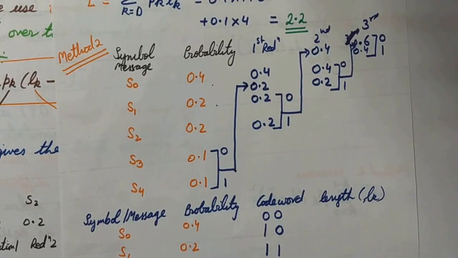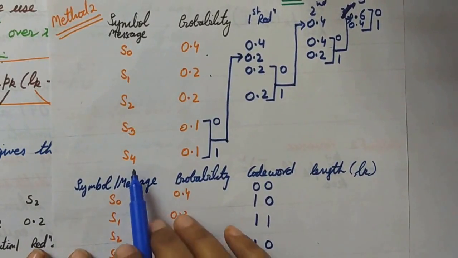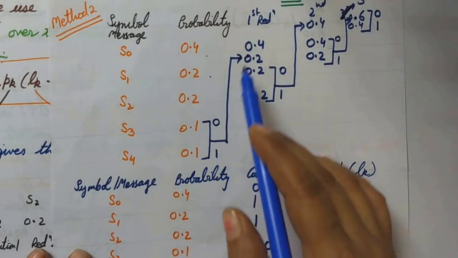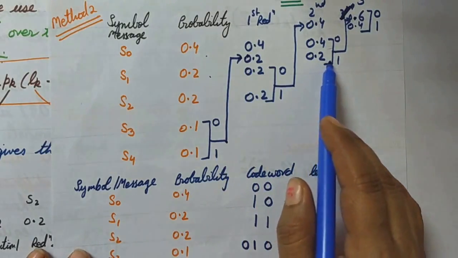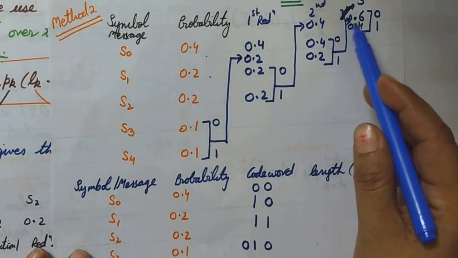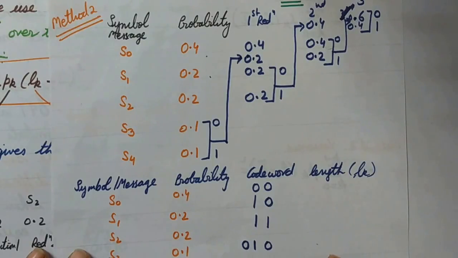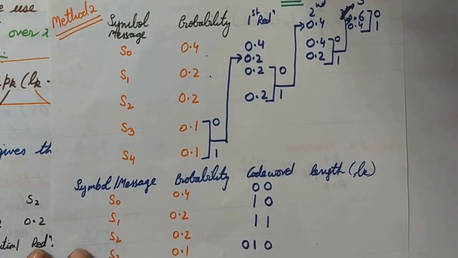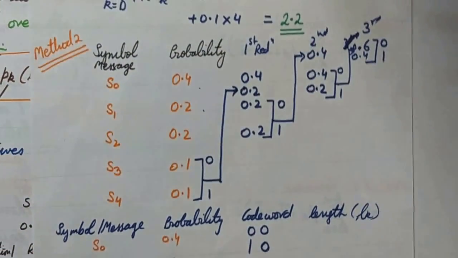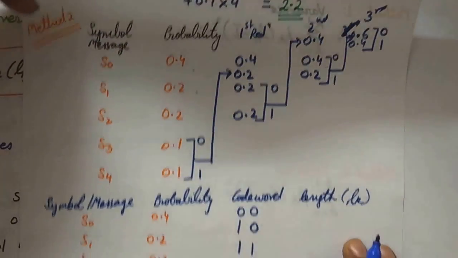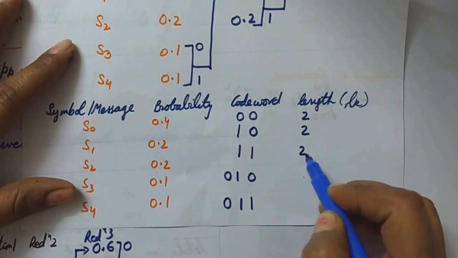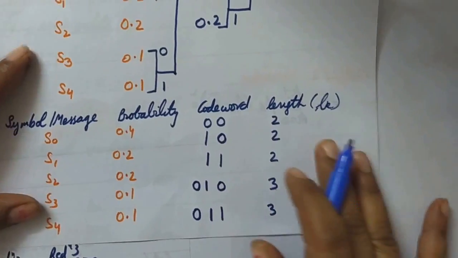So 0, 1, 0. For S4, 0.1 gets 1, it becomes the LSB, moves to 0.2, this 0.2 moves here, gets 1, this 0.2 again combines and forms 0.6 and gets 0 assignment, it becomes the MSB. So 0, 1, 1 for S4. So I'll write the length of the code here: 2, 2, 2, 3, 3.